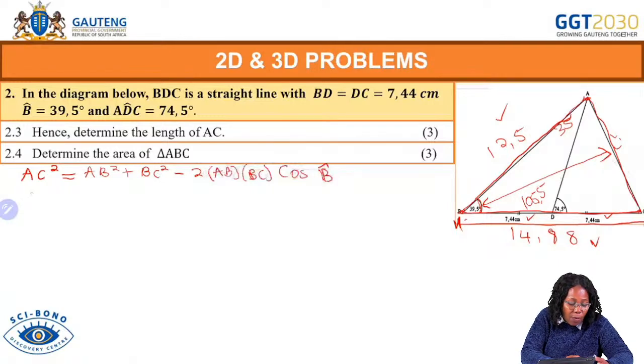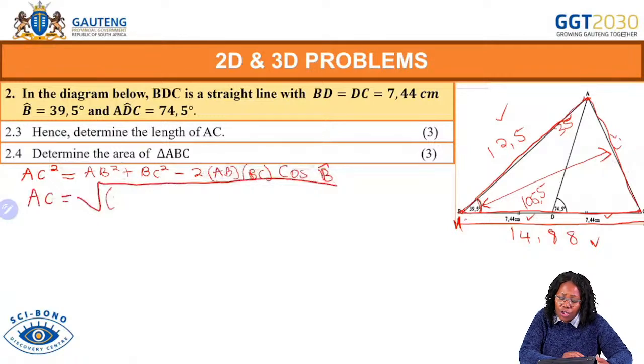Now we want to calculate AC. This side uses the exponent 2, so we will take the square root.